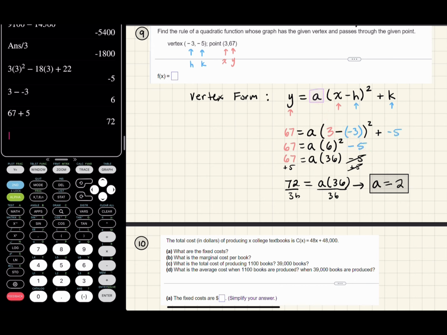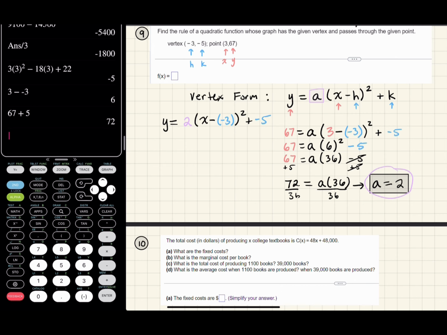So we have our a value that we can now plug in. We've got our a, we've got our h, and we've got our k, so we can write the final form of our parabola. Y equals a, which we found to be 2, times x minus h, which is a negative 3, squared plus k, which is a negative 5.